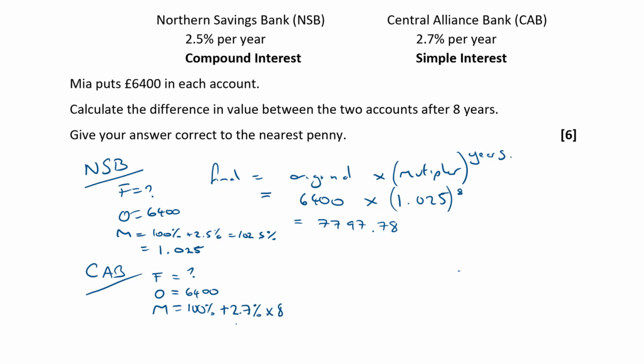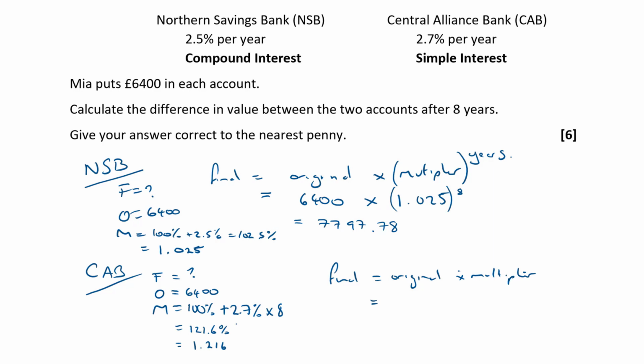So I'm just going to multiply that by 8 and work out one multiplier. So 2.7 in my calculator times 8, that comes out to be 21.6%. So add that to 100% is 121.6%, which as a multiplier is going to be 1.216. Okay, and then final amount, it's just going to be my original amount times my multiplier.